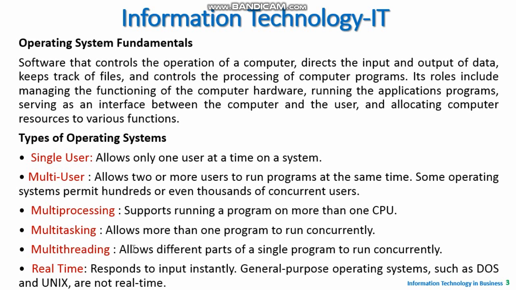Then we have multi-threading. A thread in a computer is called an independent logical unit, a small part of a program that can be done independently. So when we have a single program, for example, let me take an example. I have a program, I can break that into different sections, or we call it different threads. So for example, each is an independent program.